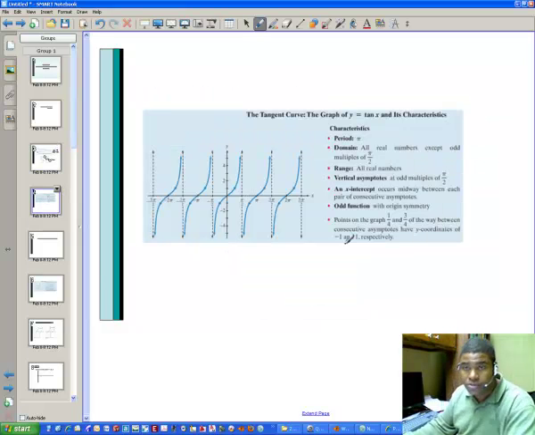Here are some characteristics that we need to take a look at as it relates to the tangent function. As we're graphing the tangent function, note that the period now is pi.